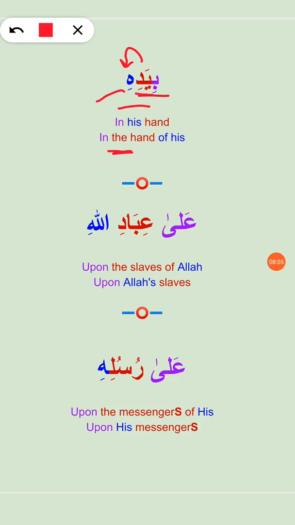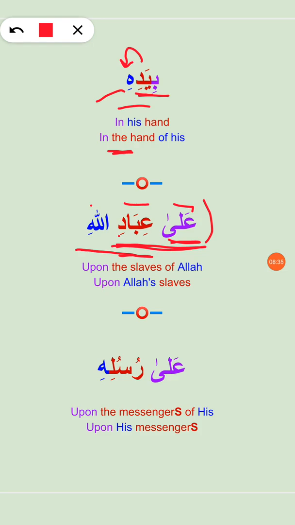Next example, Allah ibadi. Now it was actually ibadu, but it becomes ibadi. Why? Because it becomes majroor because of this Allah. So this is your jar majroor fragment, and then this ibadi is light and without al, and the next word is in jar form, so it is jar majroor as well as Muzaaf Ilaih fragment. So: upon the slaves of Allah.